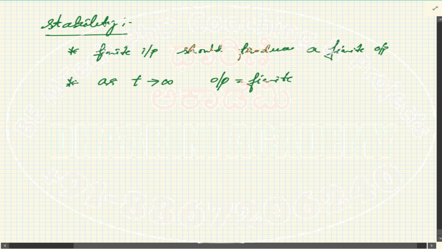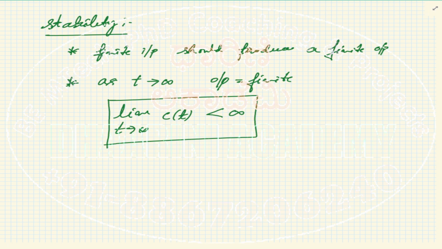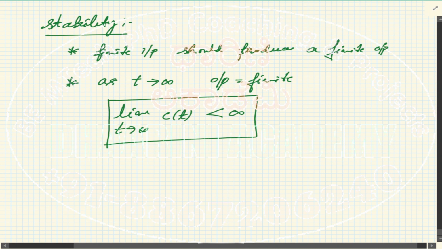So the limit as t tends to infinity of the output c of t, because r of t is the input and c of t is the output, which is the standard notation, should be less than infinity. As time progresses, your output value should remain finite even after time becomes infinite.